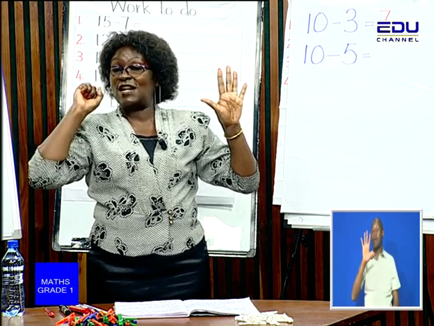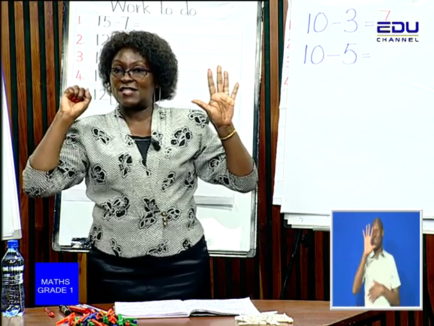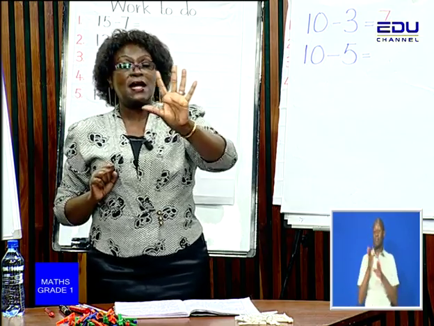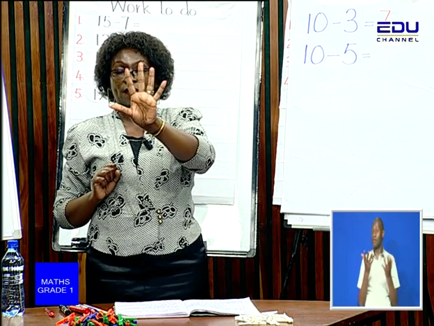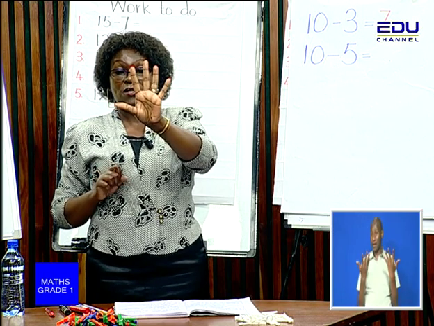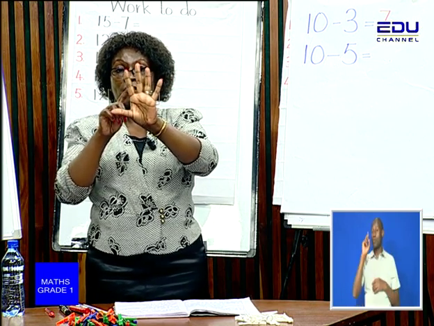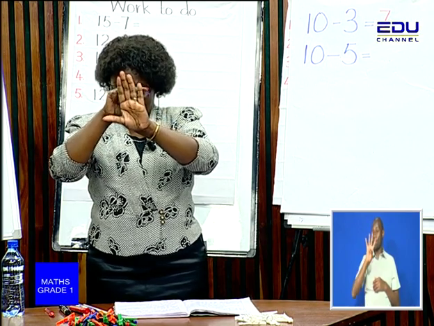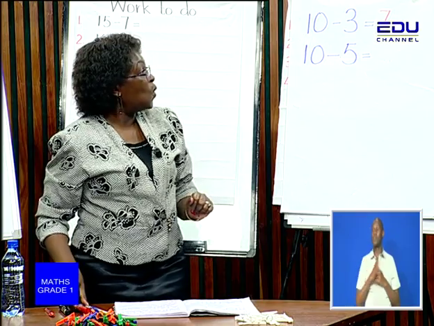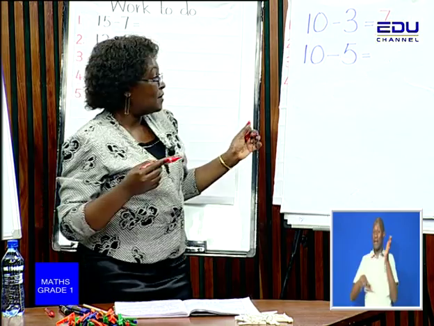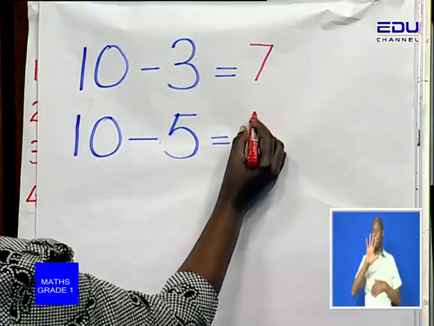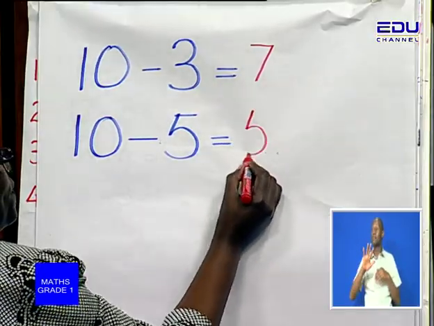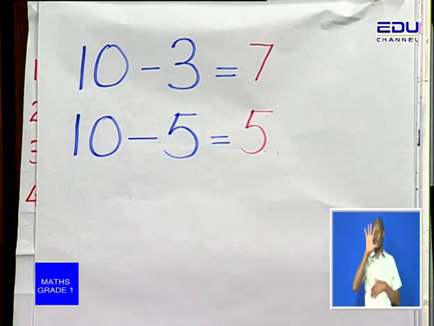I have just counted 5 steps backwards. How many fingers am I left with? Let's count. 1, 2, 3, 4, 5. So 10, take away 5, I remained with 5 fingers.